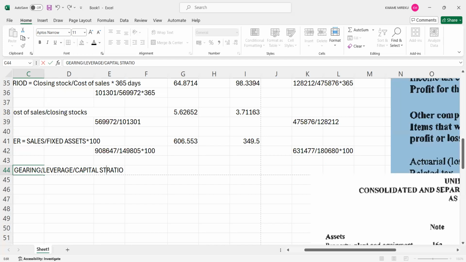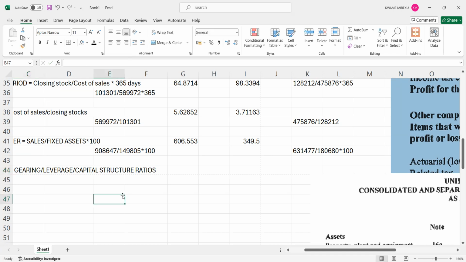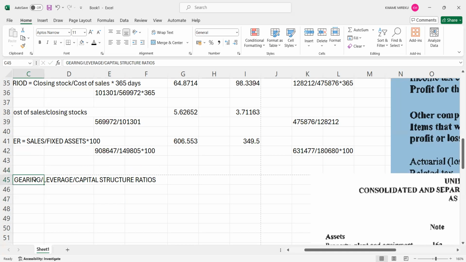There has been a massive improvement. In fact, every asset you acquire in a business is supposed to give us economic benefits. So any asset you bring to a business is supposed to help us get money into the business, and I think we have improved over the years in relating sales with our fixed assets.